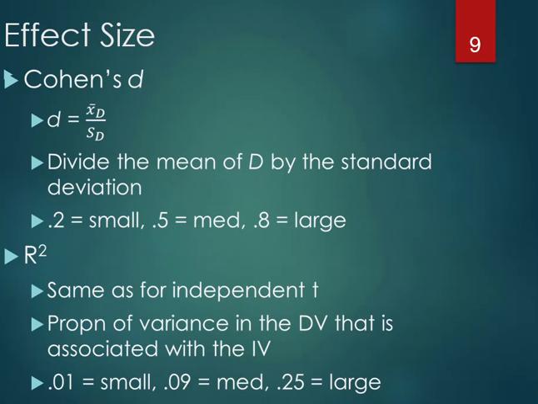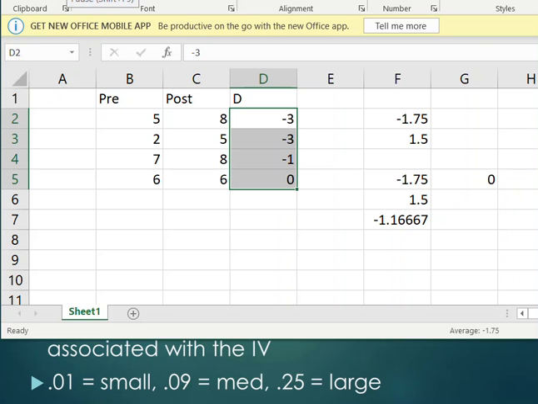R squared, same as for the independent t, which is t squared obtained divided by t squared obtained plus the degrees of freedom. So in our case, it would be negative 1.166 squared over negative 1.166 squared plus 3, because that's our degrees of freedom.